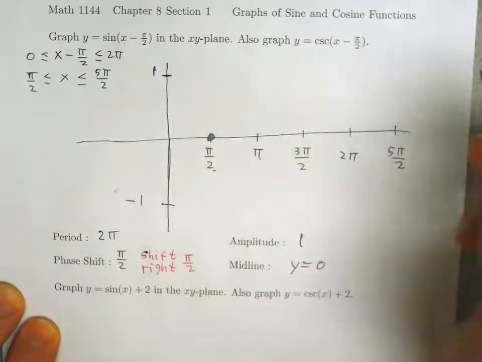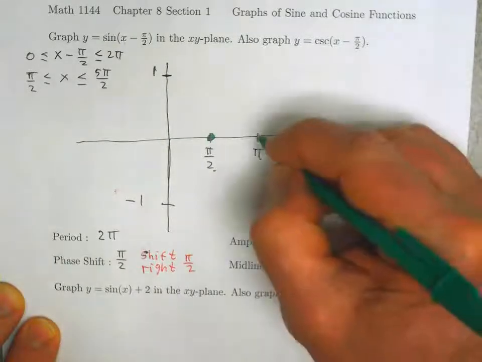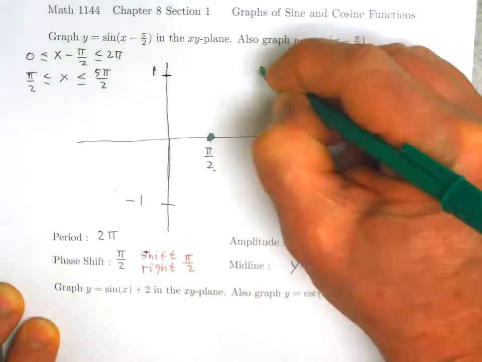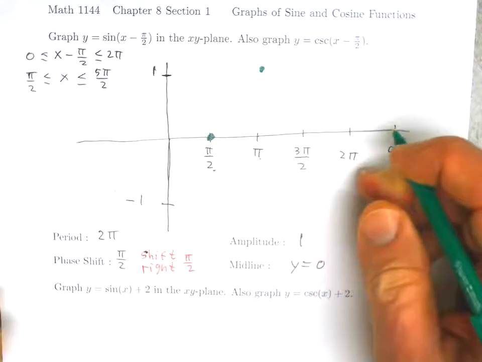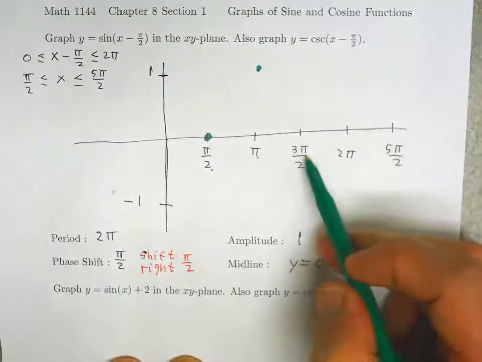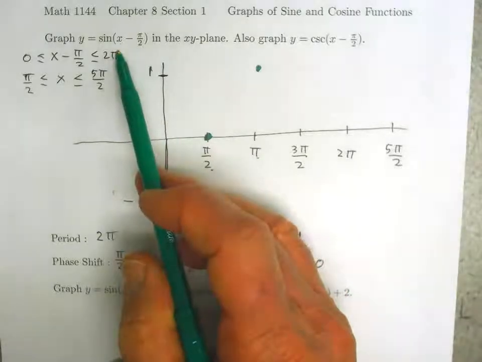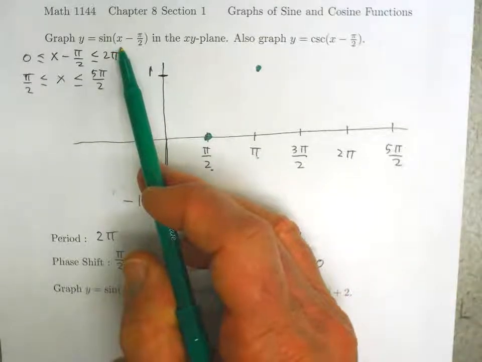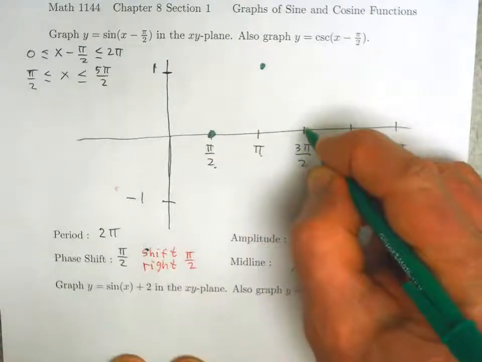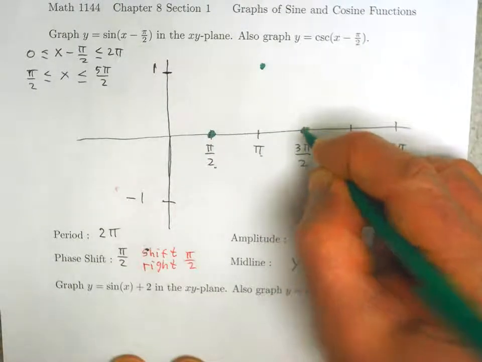Sine of pi over 2 is 1. So for this one, I have the output at 1. When x is 3 pi over 2, 3 pi over 2 minus pi over 2 is just pi. Sine of pi is 0. So the output is 0.